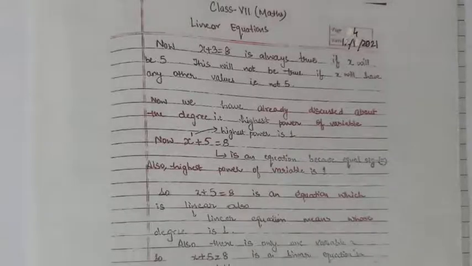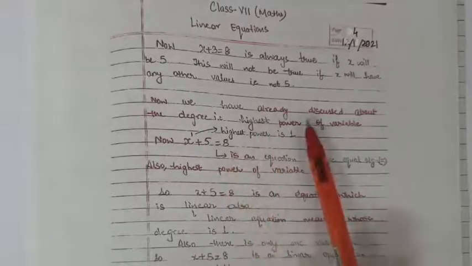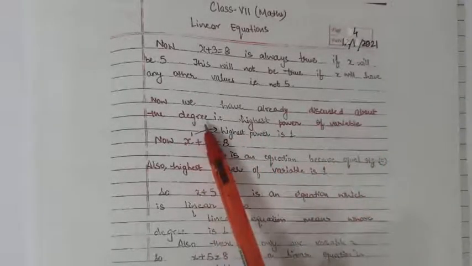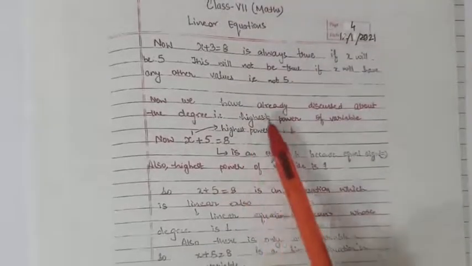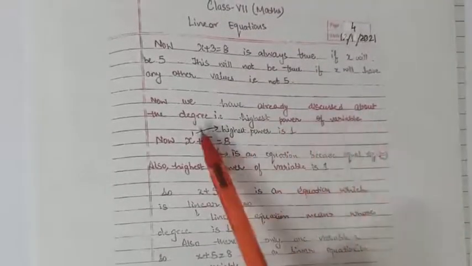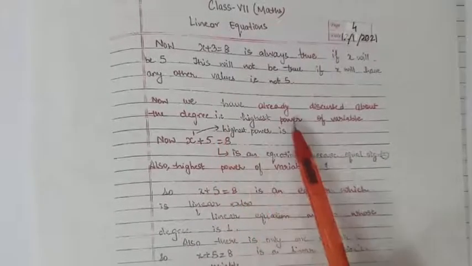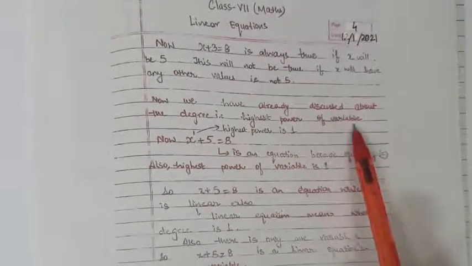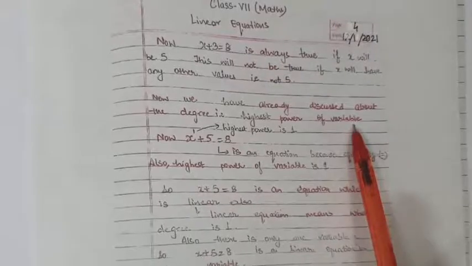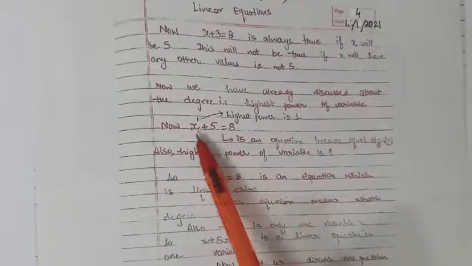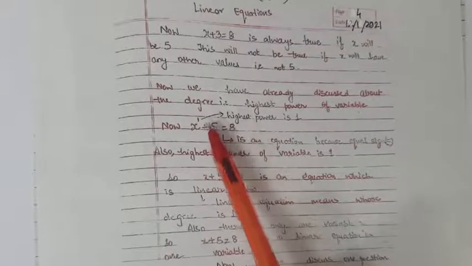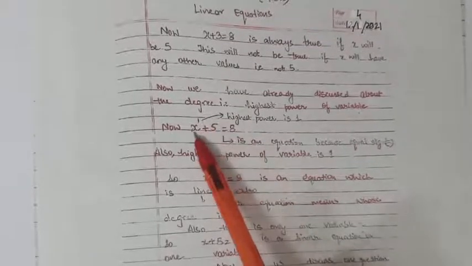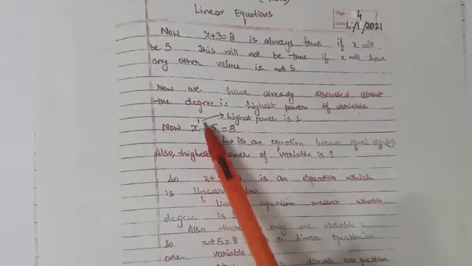Fine. Now children, we have already discussed the degree, that is the highest power of the variable. See here, x plus 5 is equal to 8. The highest power of the variable is what? 1.